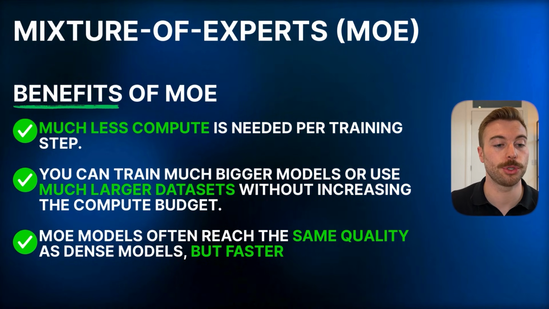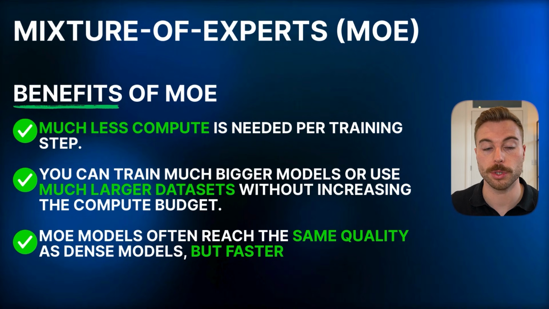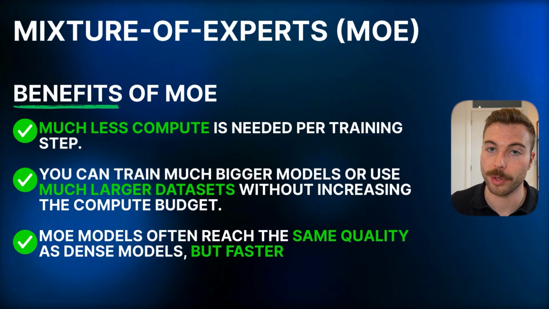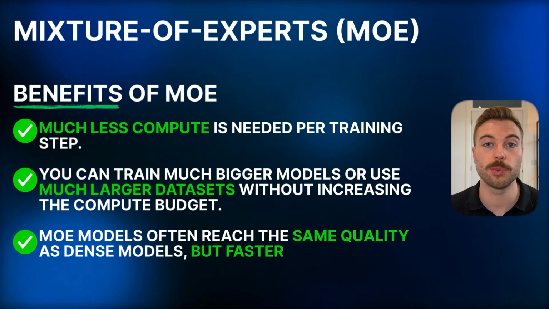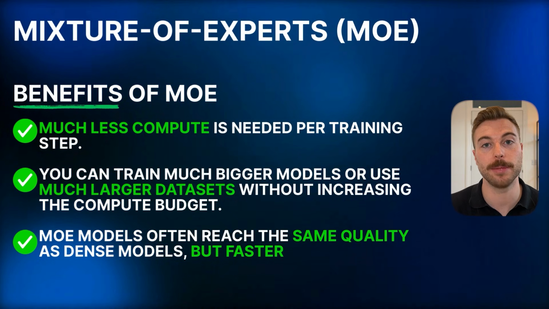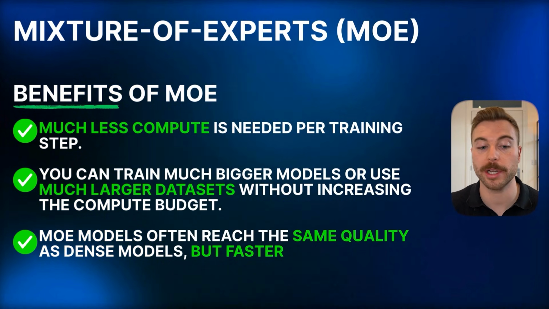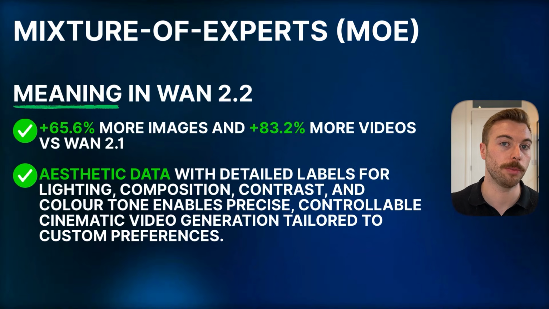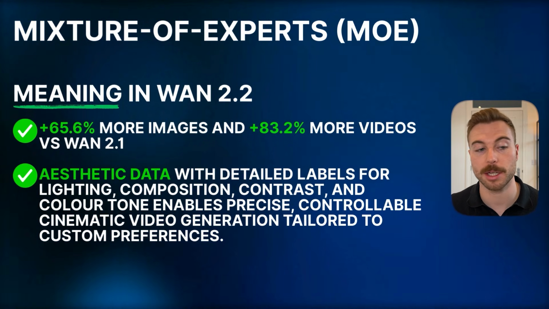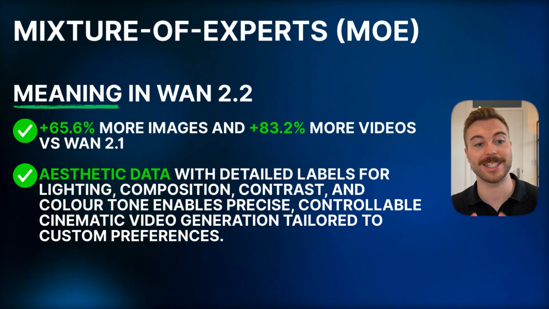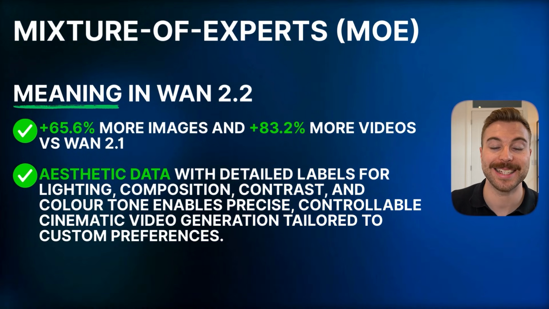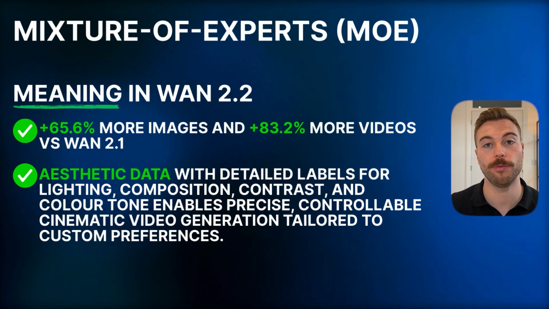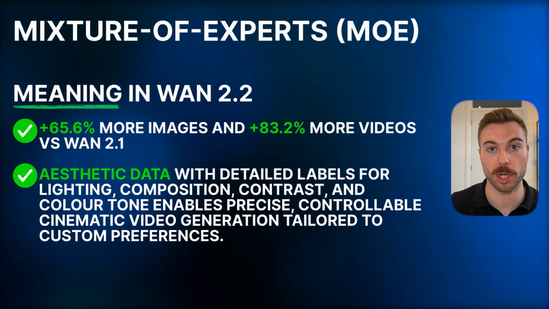We're also able to train much bigger models or use much larger data sets without needing to increase that compute budget. And this means we can get the same quality as the bigger models, but much quicker and faster with the smaller models. And to bring that to life, WAN 2.2 has ingested 65.6% more images and 83.2% more videos than WAN 2.1.